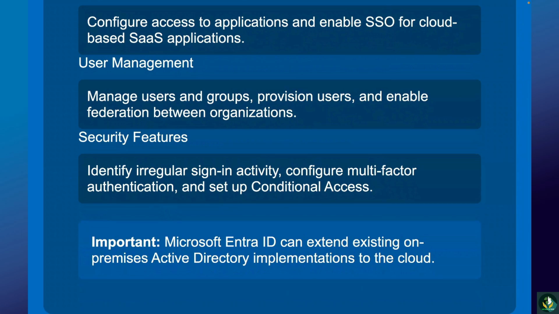Organizations can extend their existing on-premises Active Directory implementations to Microsoft Entra ID, creating a hybrid identity solution. It also offers application proxy service, conditional access, identity management solution, and anomaly detection.